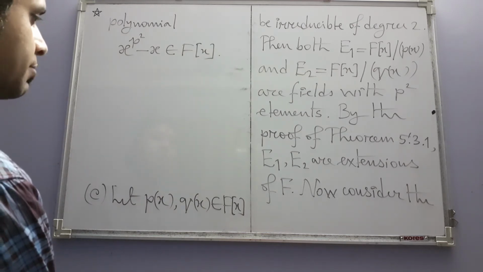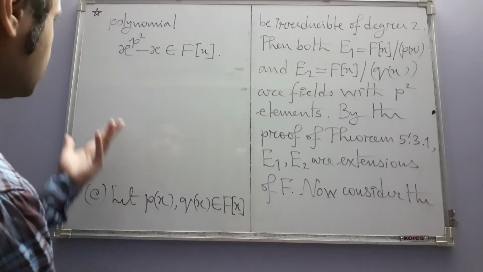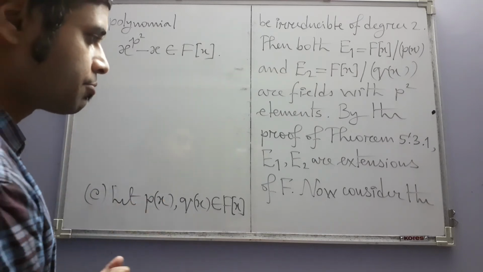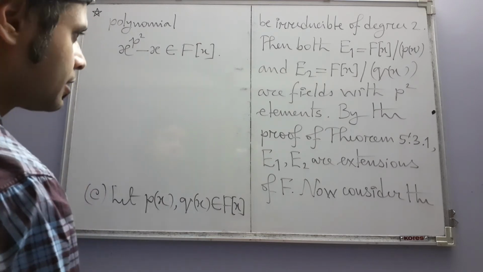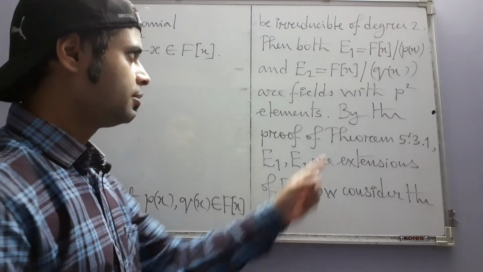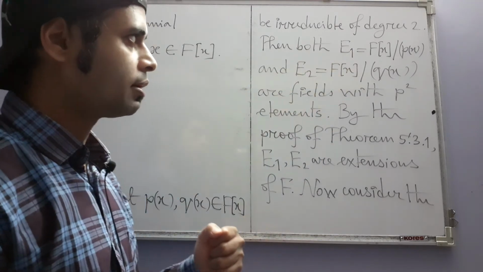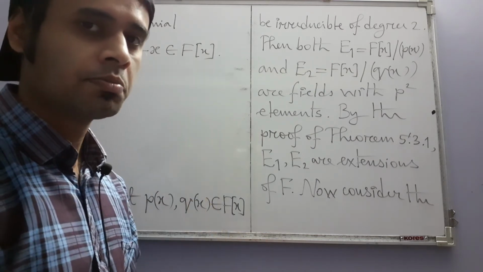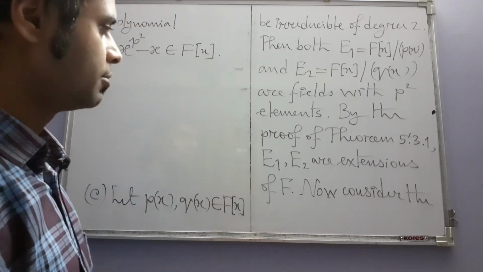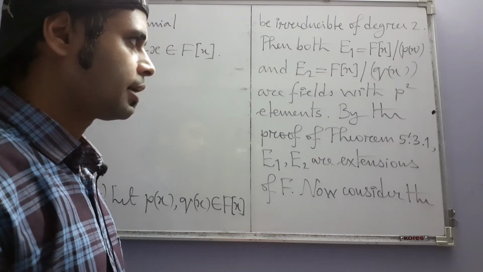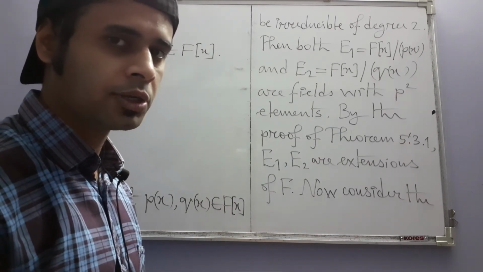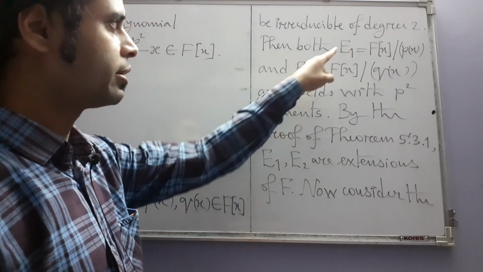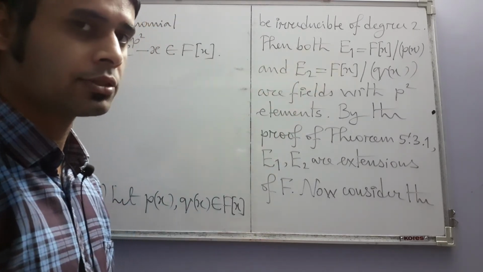Why suddenly this polynomial? That's difficult to see right now, but we are now going to show that E1 and E2 are in fact both splitting fields of this polynomial over F. And because we know that any two splitting fields of the same polynomial are isomorphic, that way we will get the fact that E1 and E2 are isomorphic.